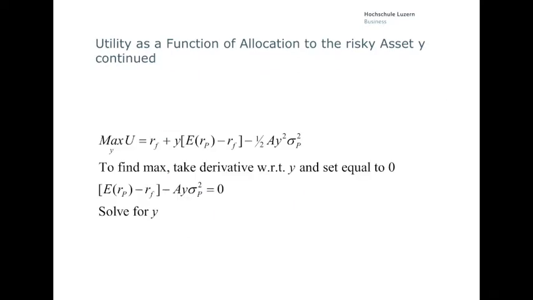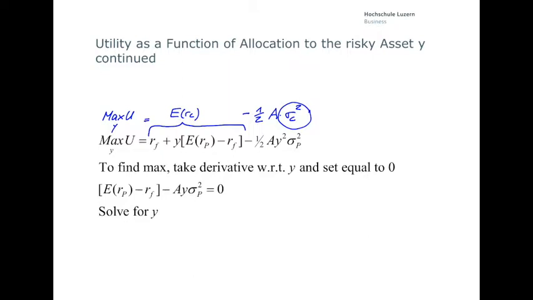Continuing on the previous slide, the question is: is there a way to calculate directly the best possible allocation Y to risky assets? Yes, we can solve the utility maximization problem more generally by using the general utility function.